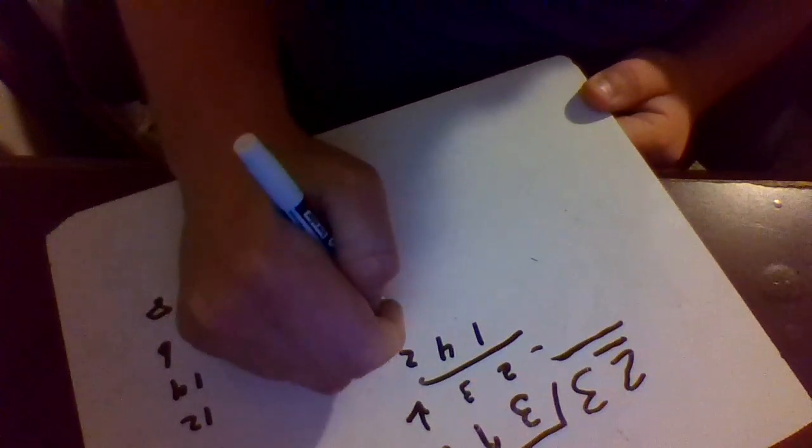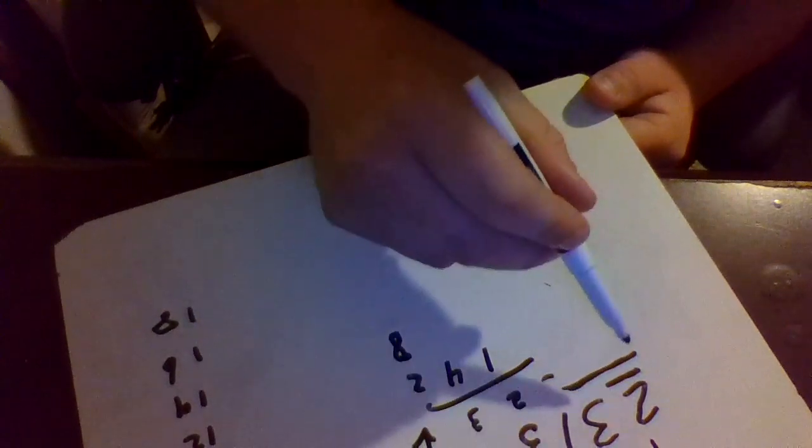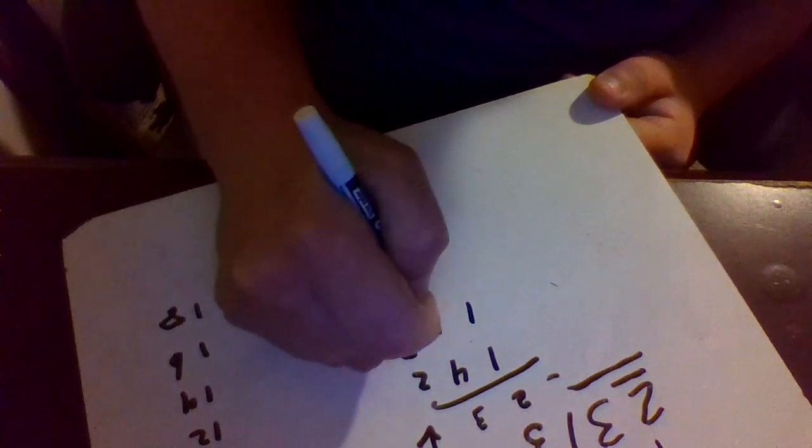So we had 7. So if we go one number down, we're going to go 6. So let's see if that works. 6 times 3 is 18. We put down our 8 and carry our 1. 6 times 2 is 12, plus 1 is 13.